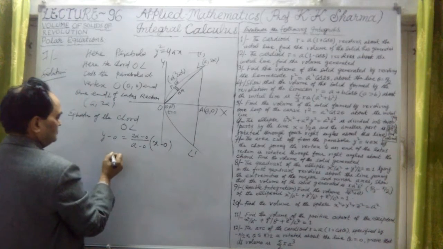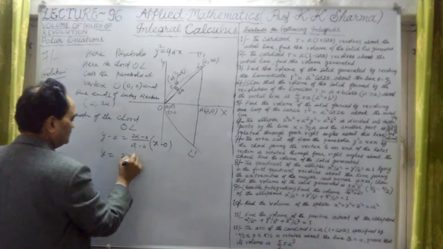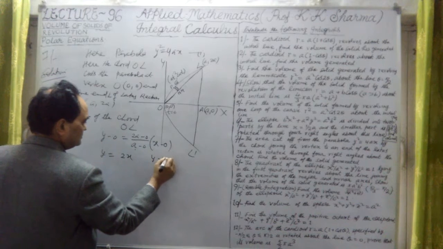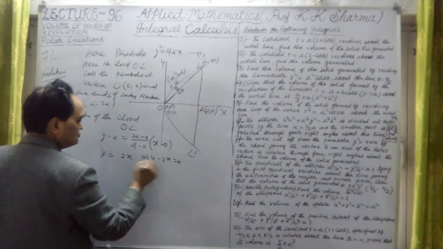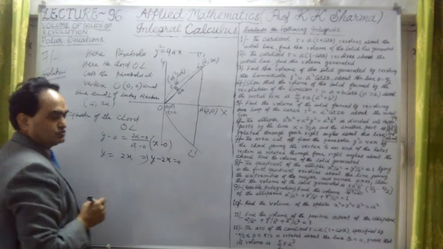So this is the value. That means y is equal to 2x, or y minus 2x equal to 0. This is the equation of this chord here. y minus 2x equal to 0.